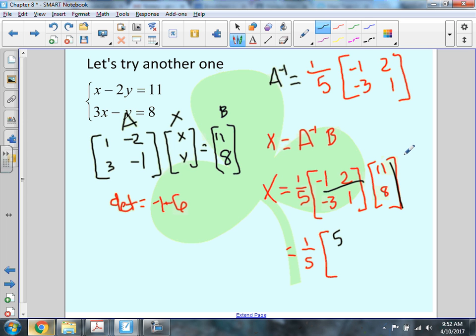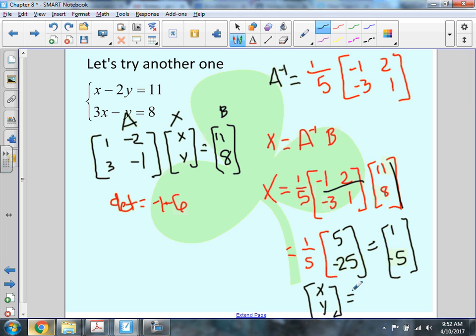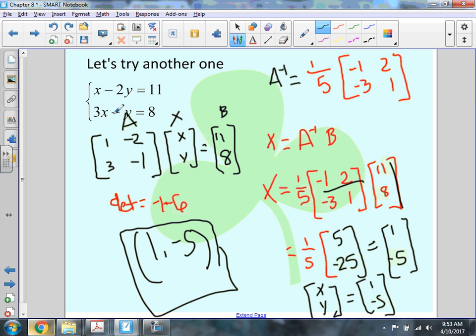And then I get negative 33 plus 8 is negative 25. So that is going to be 1, negative 5 when I distribute in 1 over the determinant. So XY equals 1, negative 5. Then my answer is 1, negative 5. And if I check, 1, negative 5 works up here, 1, negative 5 works up here.